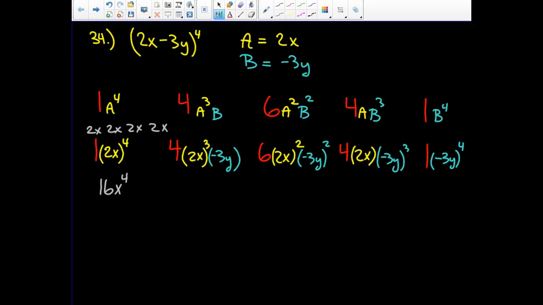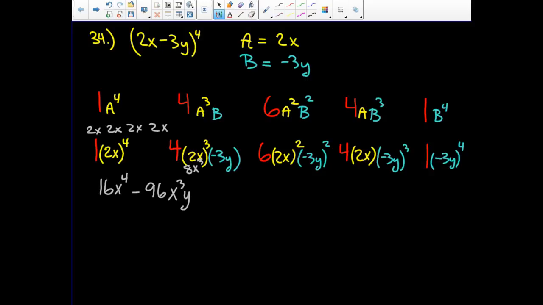The next term, 2x to the 3rd ends up being 8x to the 3rd. So now my coefficient is going to be 4 times 8 times negative 3, which is 32 times 3 is negative 96, I believe. And that would be x cubed y, if you multiply all that stuff out.